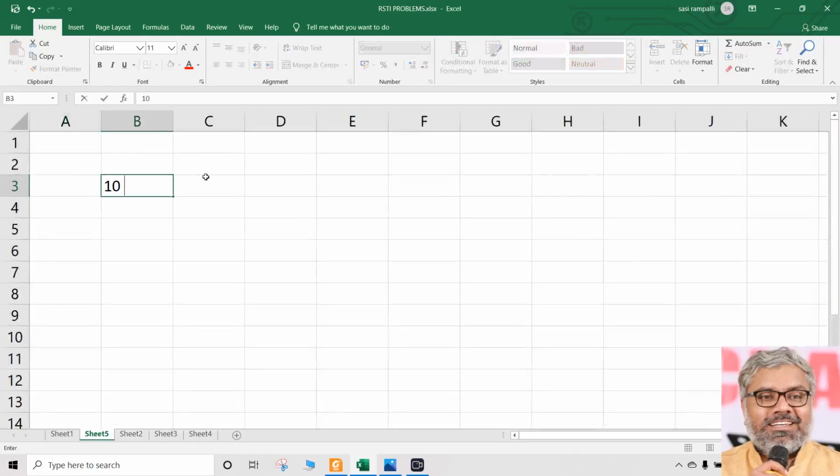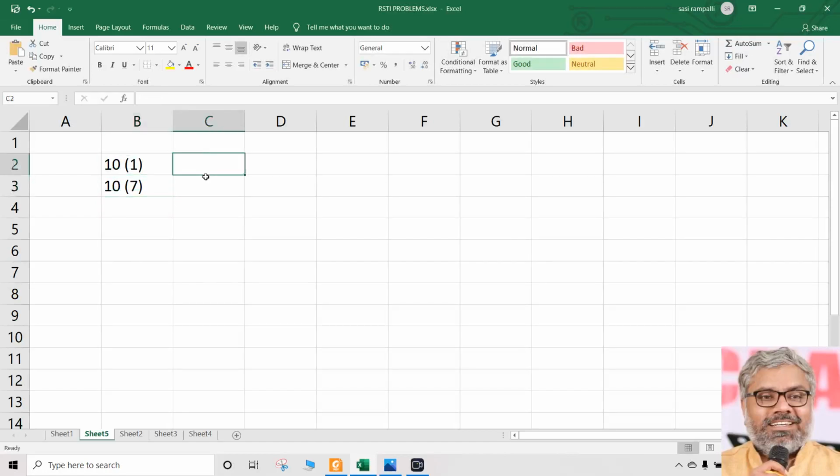Section 10(1) is related to agricultural income, which is exempt. See, section 10 is all about exemptions. Agricultural income received in India is exempt. 10(7) allowances and perquisites outside India payable to an Indian citizen by the government are exempt.